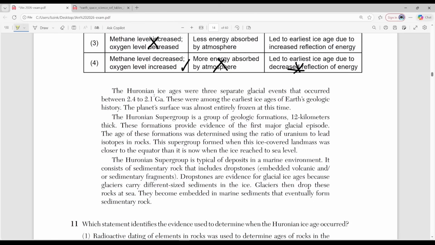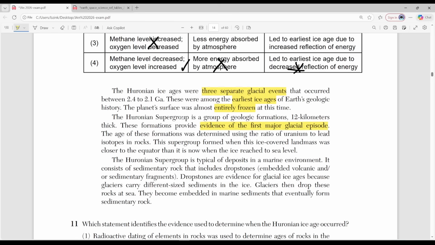The Huronian ice ages were 3 separate glacial events that occurred. Okay. At that time, earliest ice ages. Okay. The planet's surface was almost entirely frozen. The supergroup is a group of geologic formations 12 kilometers thick. These formations provide evidence of the first major glacial episode.